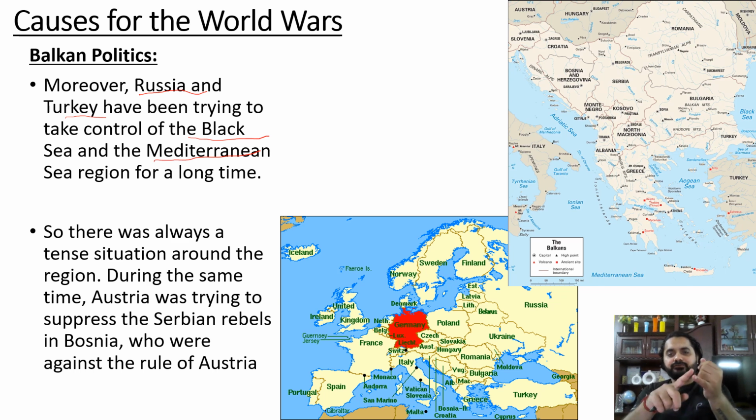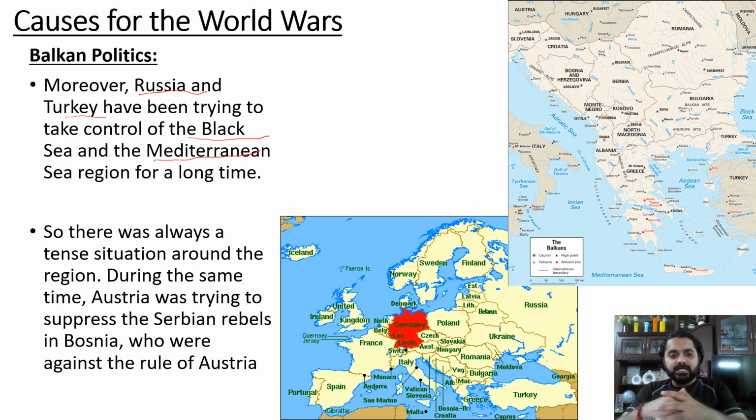They were important for trade, they were important for geopolitical positions. That is why these two countries were trying too hard to gain control over them. Because of all of these situations, there was always tension among these countries.